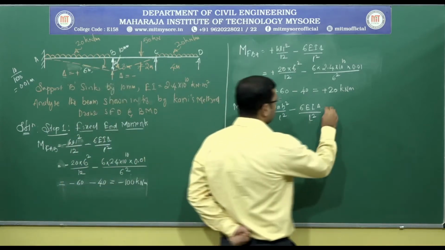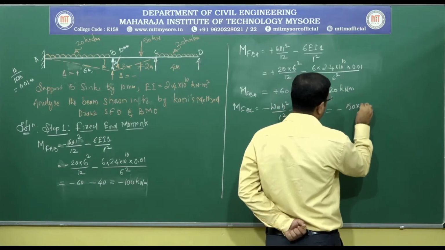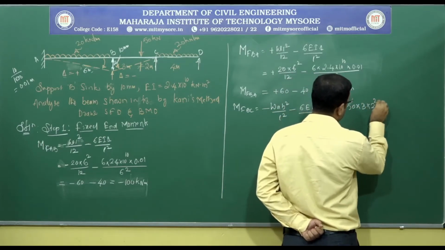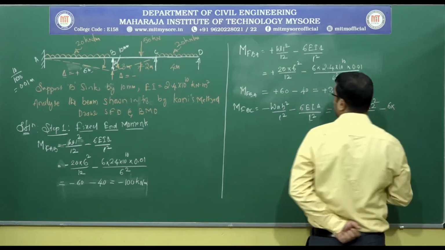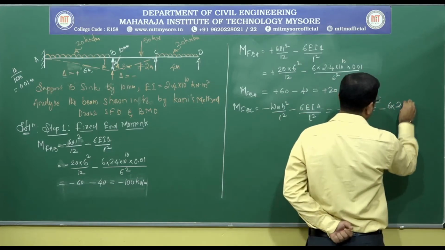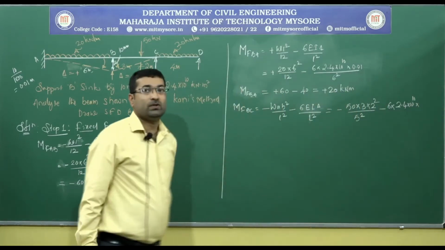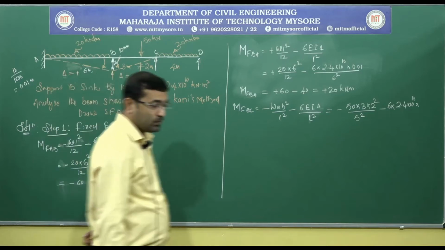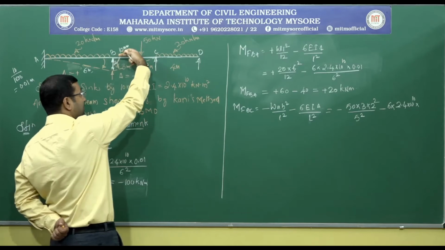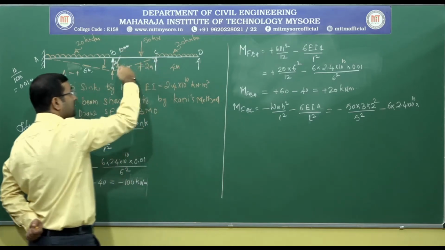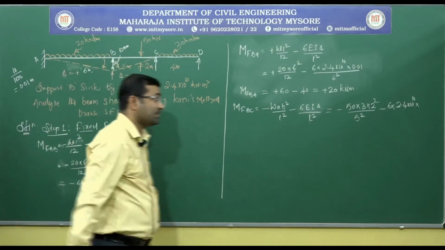Now here, minus W is 50 kilonewton, 50 into A is 3 meter, B is 2, so 2 square divided by 5 square, minus 6 into EI, which is 2.4 into 10 to the power 10, into delta. Here for span BC, due to the sinking the entire span is rotating in the anti-clockwise direction, so the delta value for span BC has to be considered as negative.